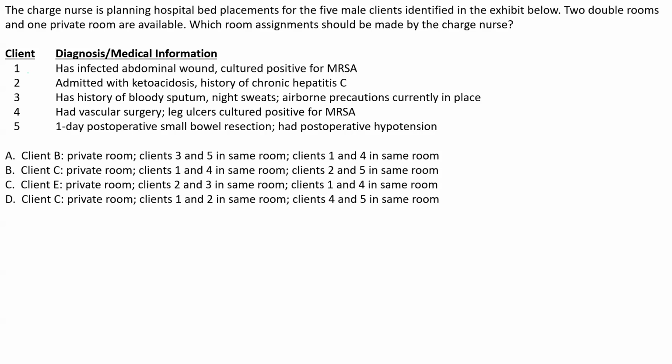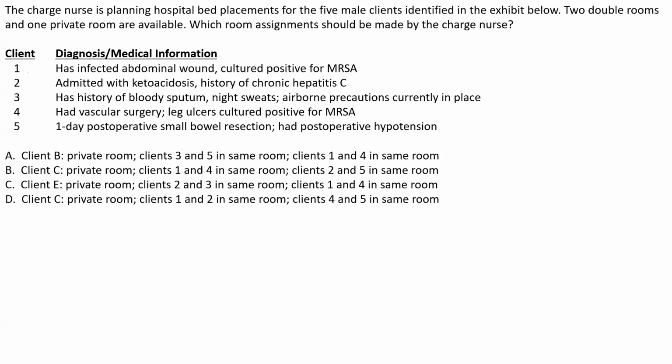Now, patient 2 and patient 5, the patient with Hep C and the patient who is post-op, can also be roomed together because both require only standard precautions. They don't need any other specific type of precautions like contact, airborne, and others.